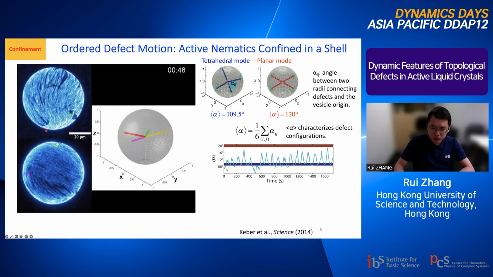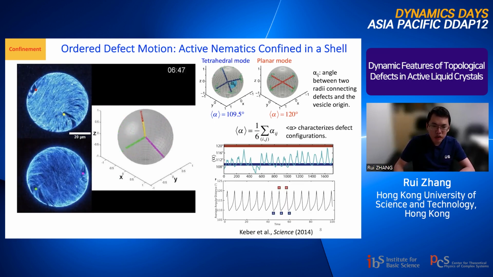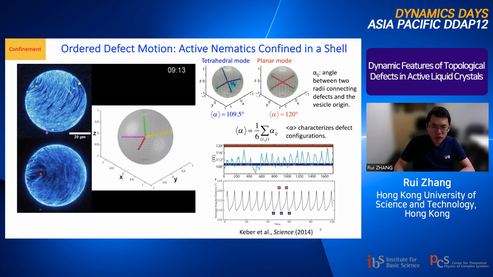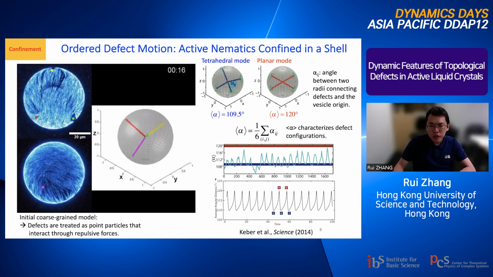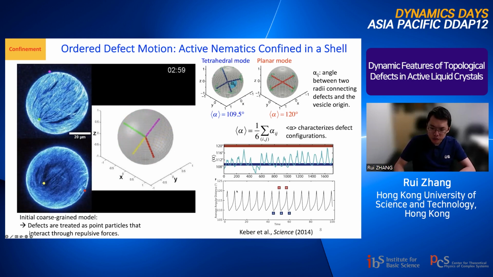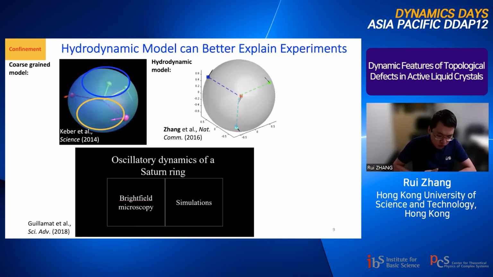In the original Science paper, they introduced a very simple model. They treat these defects as point particles interacting with each other through a repulsive force, and they can reproduce the experimental results. So our job is to use the more sophisticated continuum hydrodynamic simulation and redo the calculation.